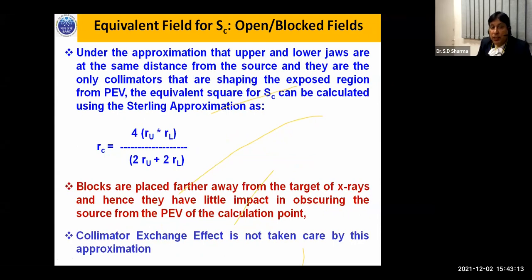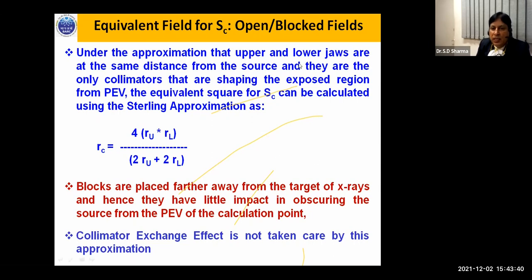Now just take one example. Nowadays we have accelerators which have the collimating jaws, then a secondary multi-leaf collimator, even a tertiary multi-leaf collimator. For example, in recent-day accelerators, one of the secondary jaws is replaced by a multi-leaf collimator, as in the case of Siemens and Elekta accelerators.